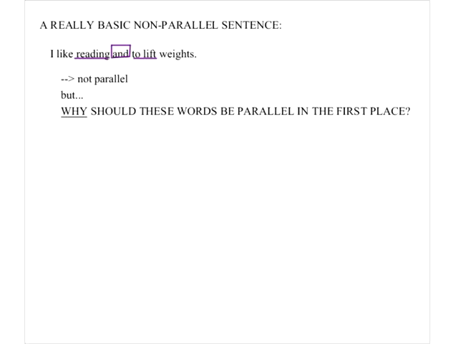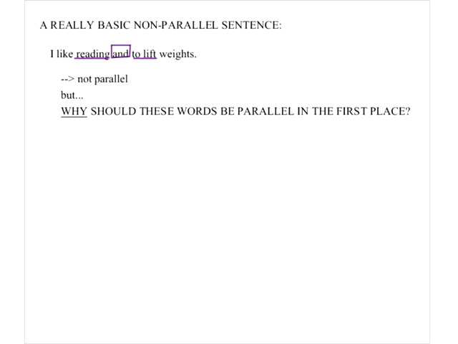See if anybody can answer that in the text box. Because some people tend to approach this from a way overly mechanical viewpoint. A lot of people just think that any words sitting there in the sentence should just be made parallel.